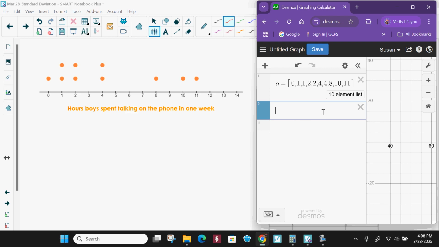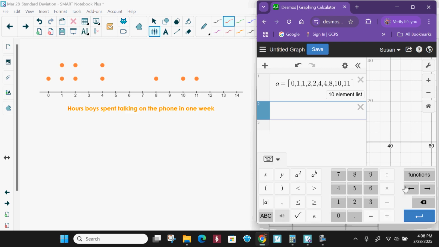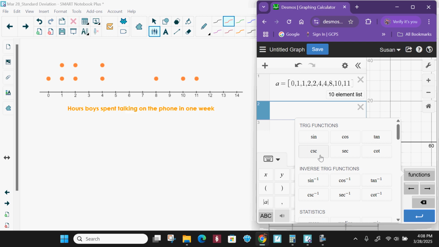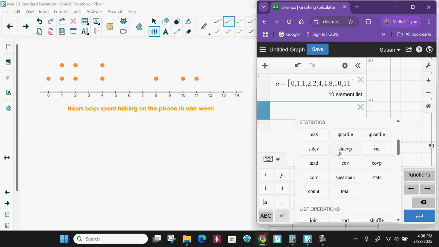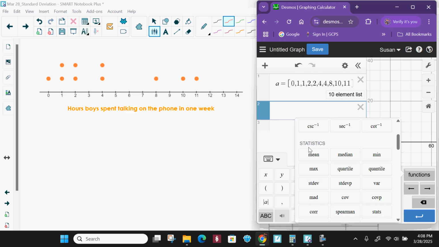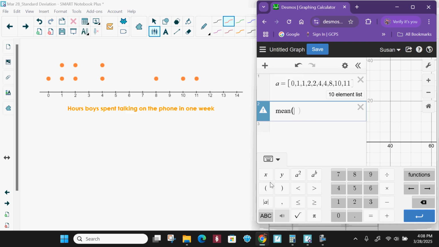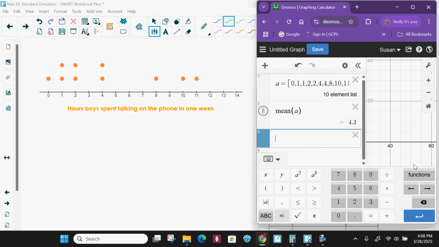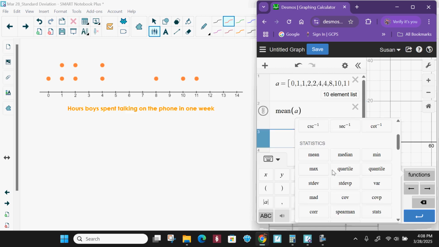Now, what I'm going to do is go down to your functions on the keyboard, scroll to the statistics, and I want the standard deviation of the population, the one with the P on it. But I need to find the mean first, sorry. The mean is 4.3, and then on the next line, I'm going to find the standard deviation. It has to be the one with the P because it's population, which is the entire set of data.